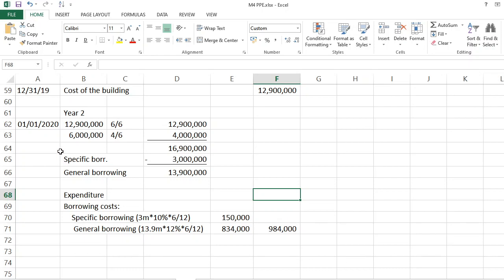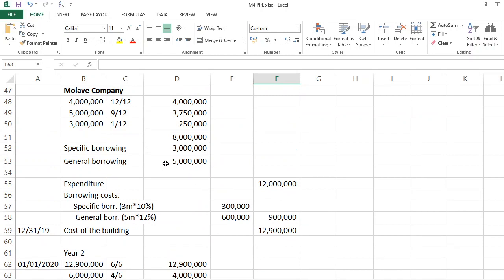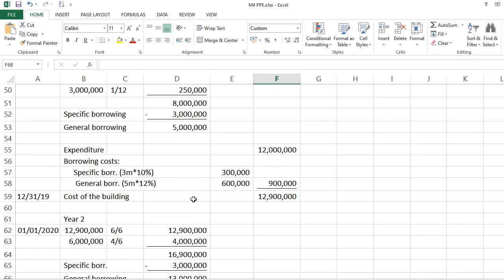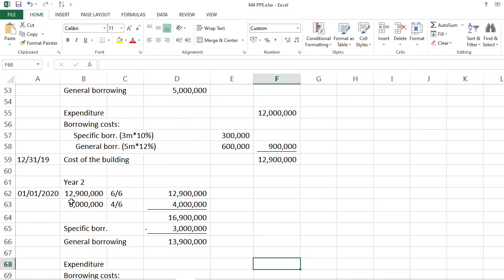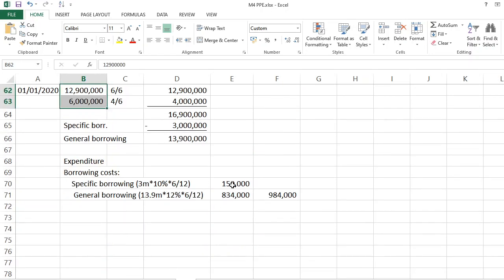So, our total expenditure is, asa na ba ta? 12. Okay. This time, yung total expenditure natin is 12.9 plus 6. So, this is something new.